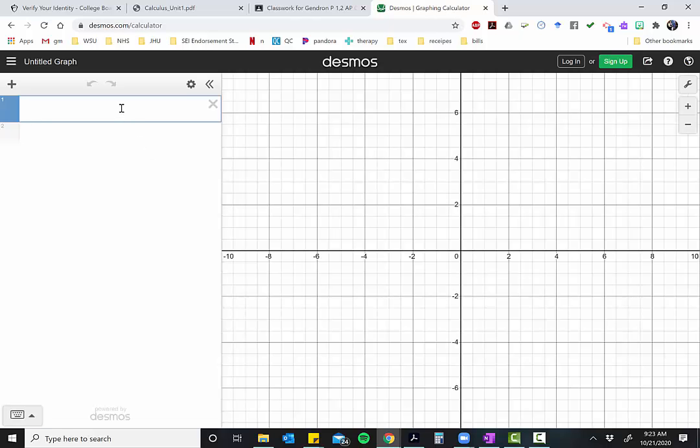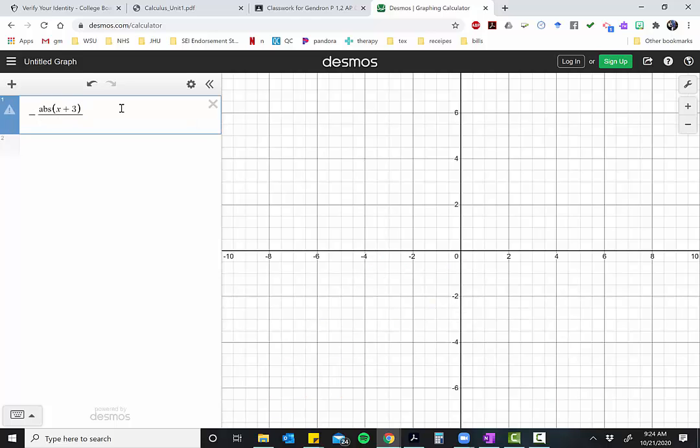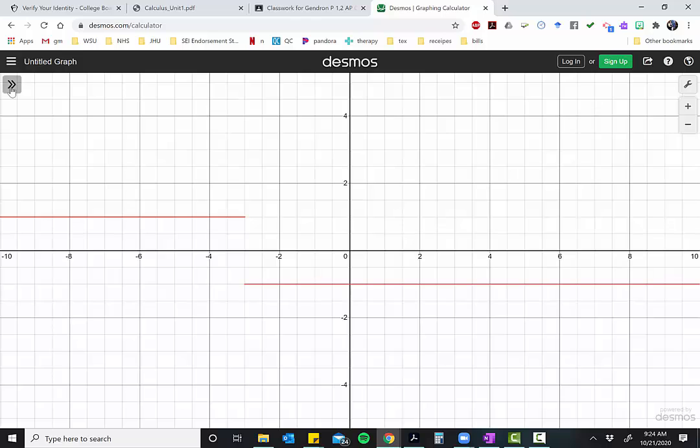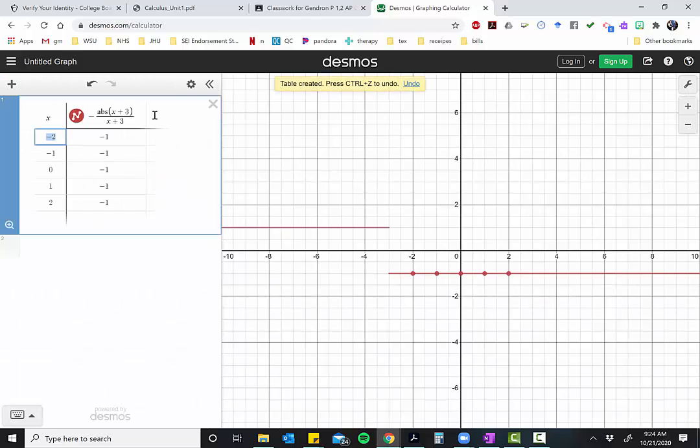All right, so our equation is negative absolute value of x plus 3 over x plus 3. We want to make this into a table, and we want to estimate the values around negative 3.